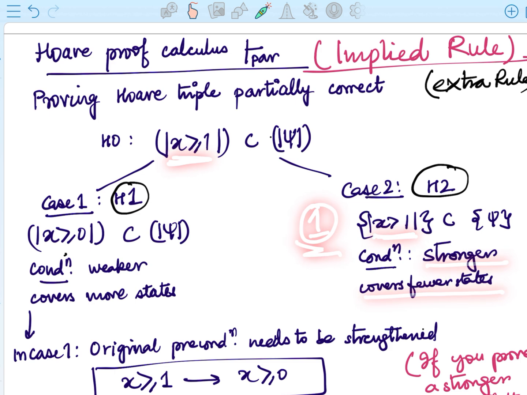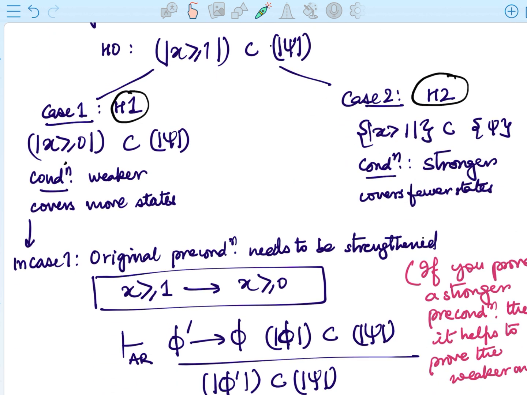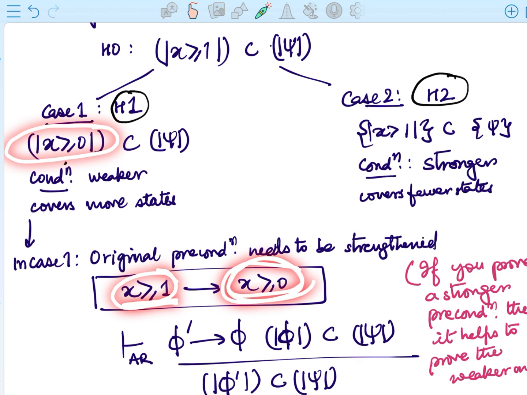So if we are able to find the stronger precondition, if we are able to prove this, we can also prove this, which is if this satisfies this, then this also is true. This is the original precondition that needs to be strengthened. Whenever we reach a weaker precondition, we can easily go to the stronger precondition.